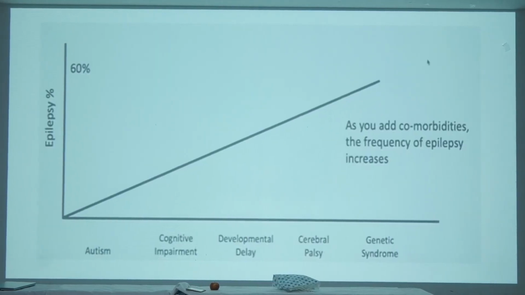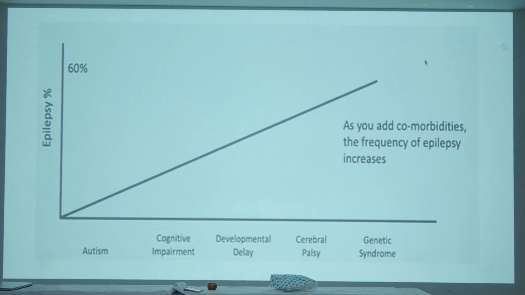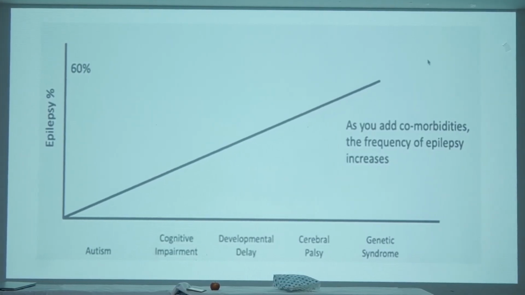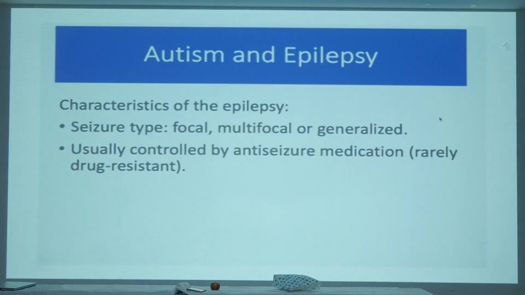We have already seen that as comorbidity increases, the prevalence of epilepsy increases. So in pure autism, where there is no underlying genetic disorder or perinatal complication, the prevalence of epilepsy is approximately 12%. As comorbidity increases, such as cognitive impairment, global developmental delay, cerebral palsy, or genetic syndrome, the prevalence of epilepsy also increases.